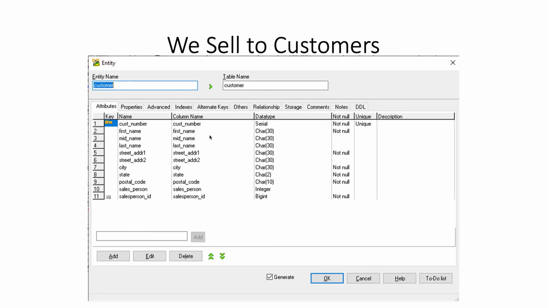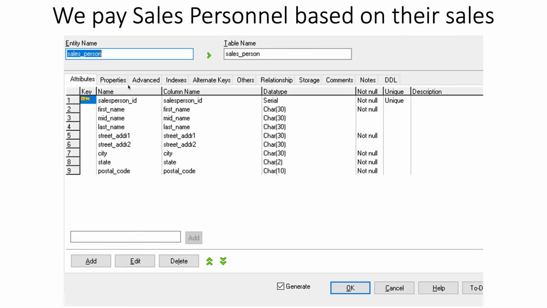So we sell to customers, so our customer file that we've talked about earlier is going to come into play. And do we pay commission?